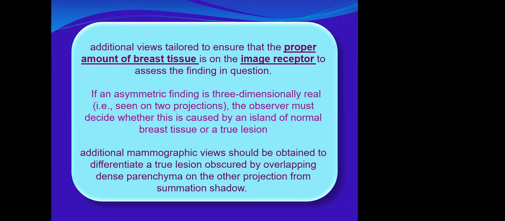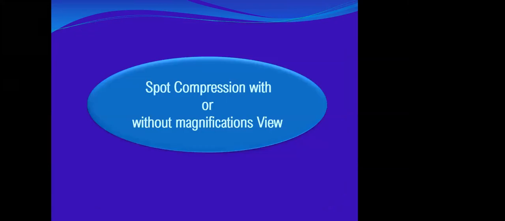So we might still need additional mammographic views to differentiate true lesions obscured by overlying dense parenchyma on the other projection from summation shadow from an island of tissue. The most important, or the commonly used, is spot compression with or without magnification views.